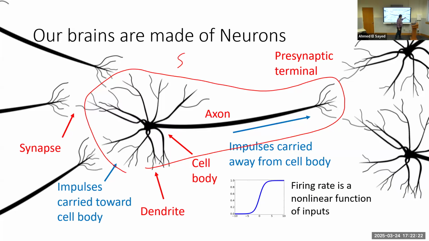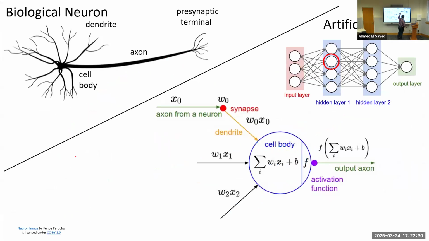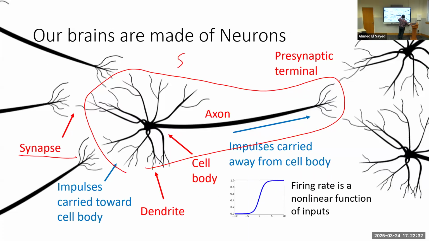What does the neuron consist of? They said it consists of synapses. Then we have the axon. Actually, let's spell this first. Axon. Then presynaptic terminals. And we have here the dendrite. And this is the cell body.